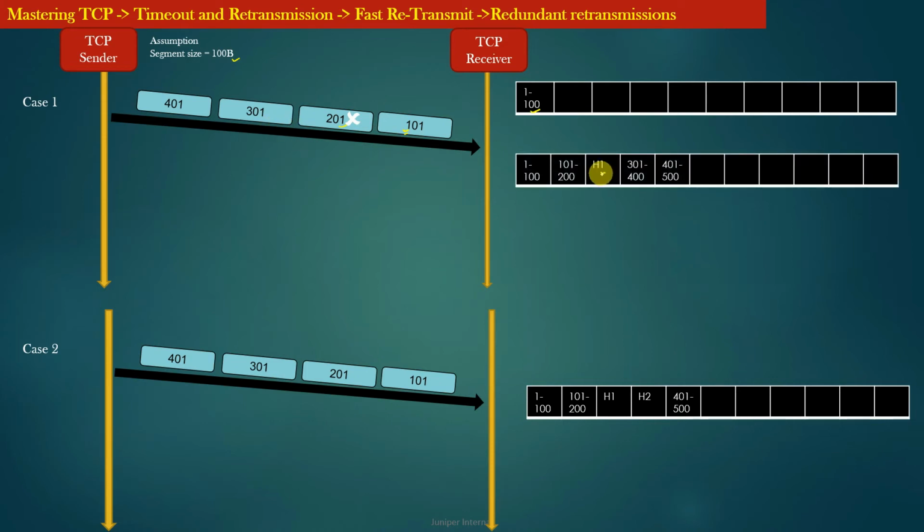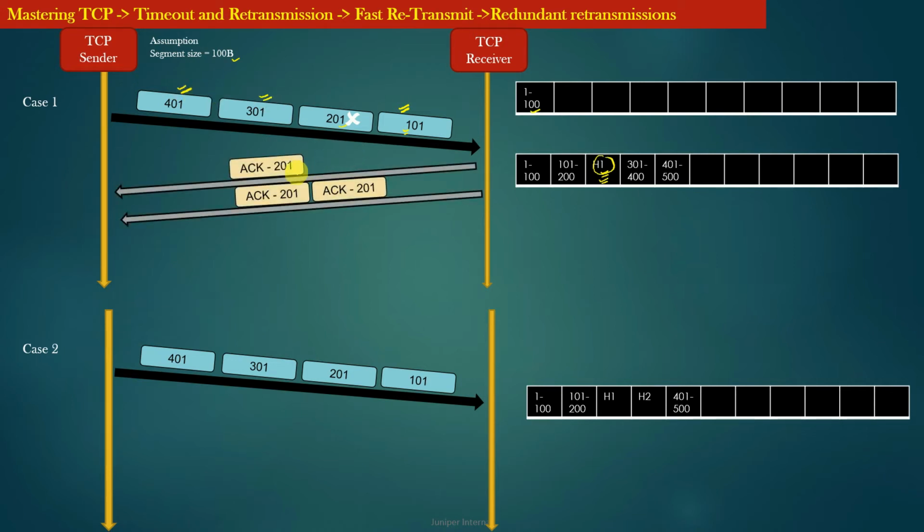Therefore it will create a hole in the receiving buffer of the TCP receiver. You can see there is a hole: the bytes with sequence numbers 201 up to 300 are missing. As a result, each of these segments triggers an ACK with acknowledgement number 201.